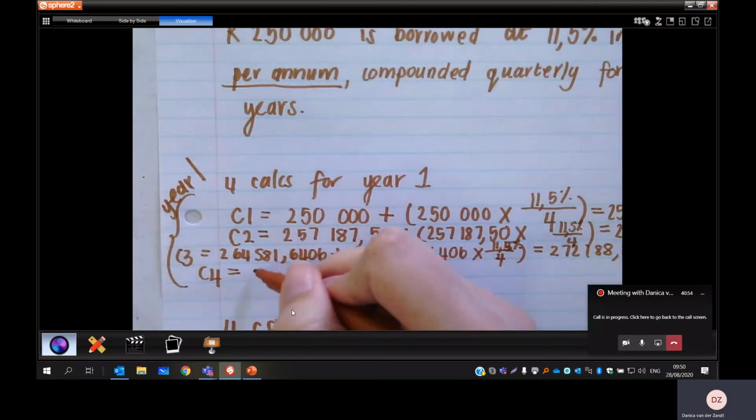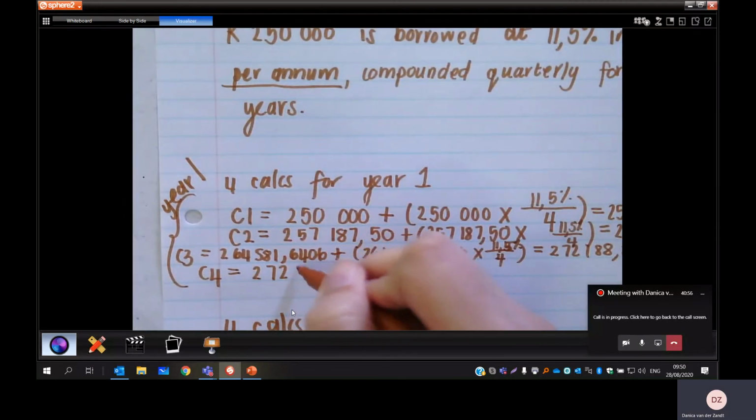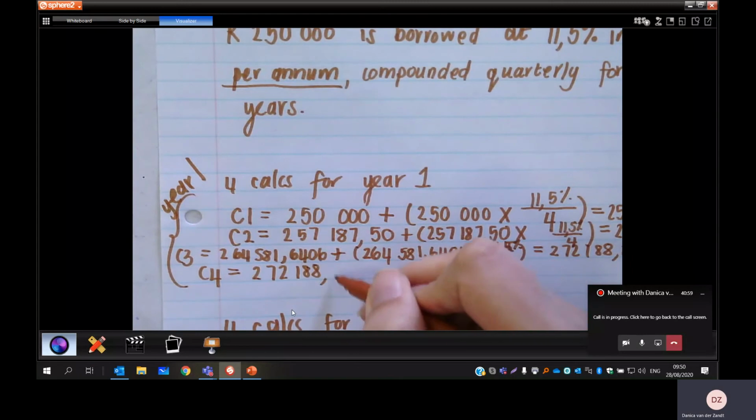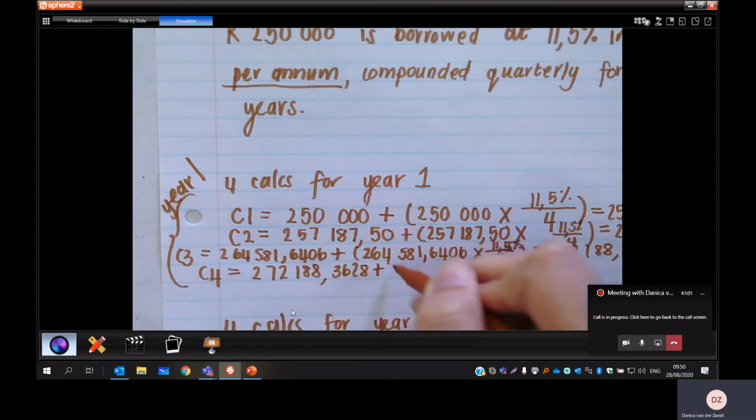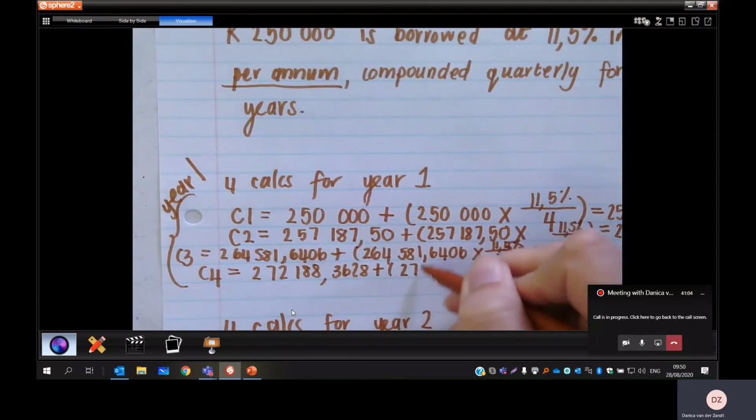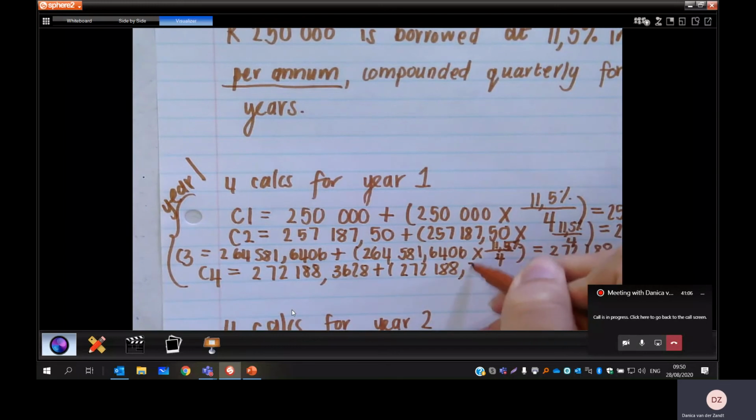Okay, I'm going to start off with that previous amount. Calculate the interest on that previous amount, times it by my 11.5% over 4, giving me 280,013.7782.